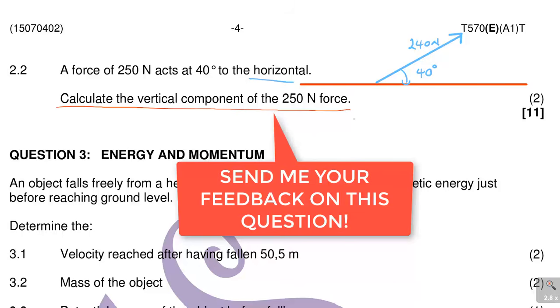Now they say calculate the vertical component. You must remember this force has a vertical component, and also a horizontal component. This is 90 degrees. If you still remember, vertical is F sine theta, horizontal is F cos theta.